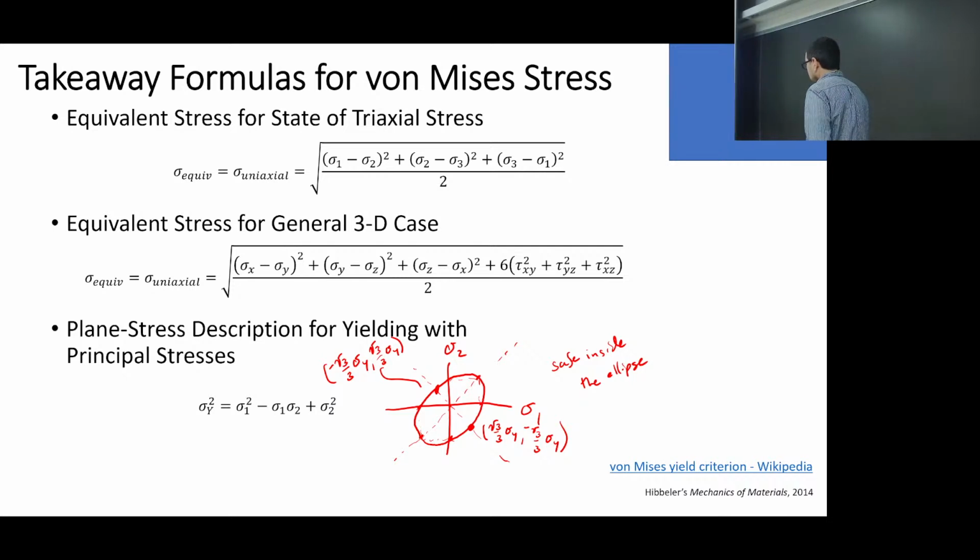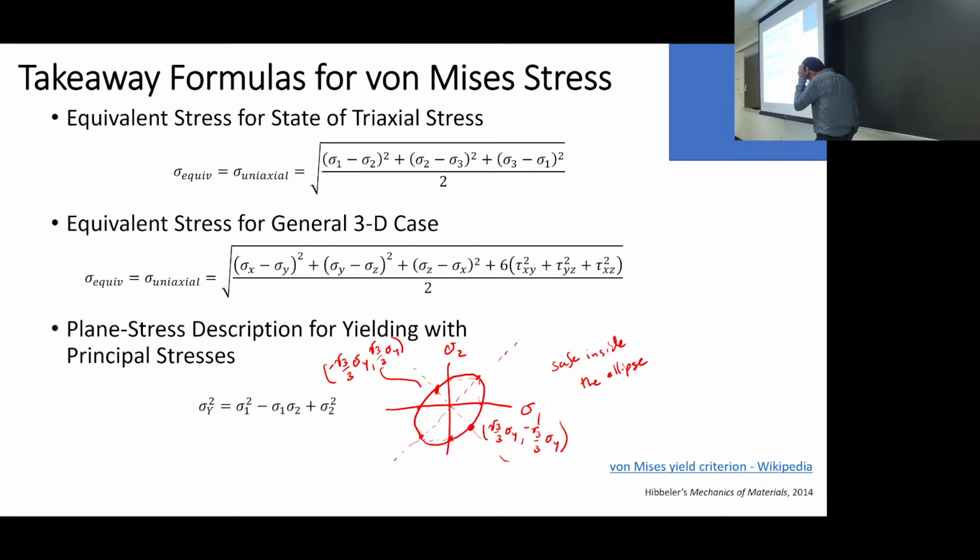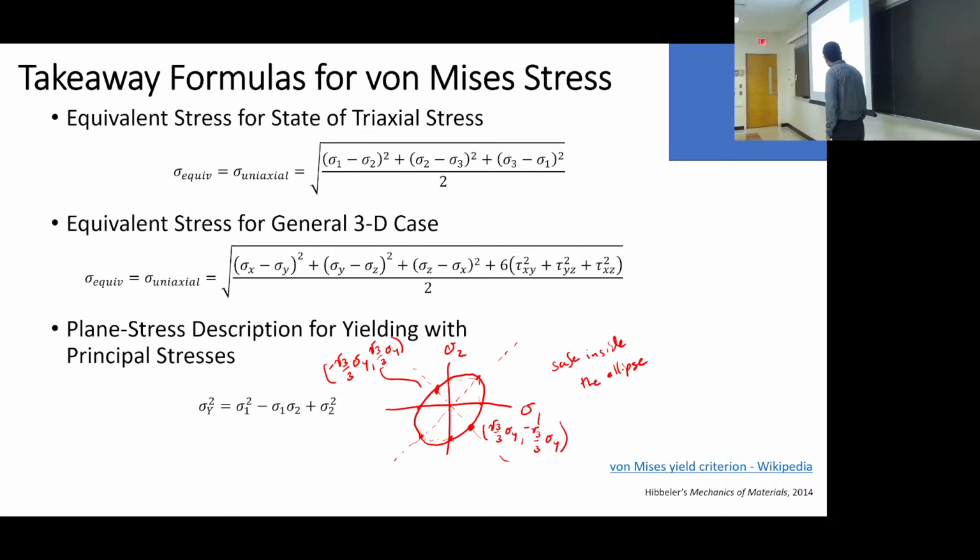So that's another way to map out the sigma 1, sigma 2 plot. Any questions on that?